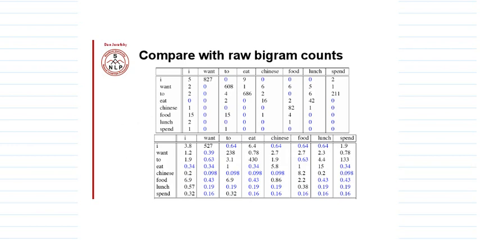And when we compare this, we see how the probability mass has been transferred. The probability mass of I has been transferred to all those non-zero entries, right? From here also something has been transferred, and from this also something has been transferred. So this is the original bigram count, and these are the Laplace counts.